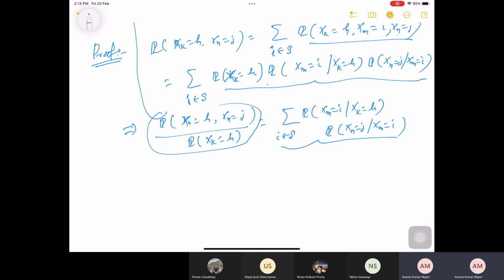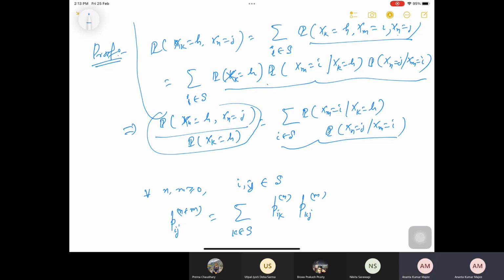This is more important because we want to calculate the n step probability. So for that I need this Chapman-Kolmogorov equation. Why is this important? From this theorem, I can say that for all n, m greater than or equal to 0 and states i, j in my S, I can write my P_ij of n plus m as the summation over k in S, P_ik at step n, P_kj at step m.